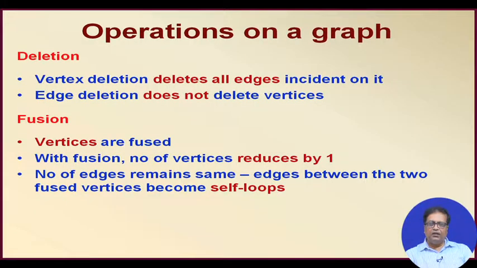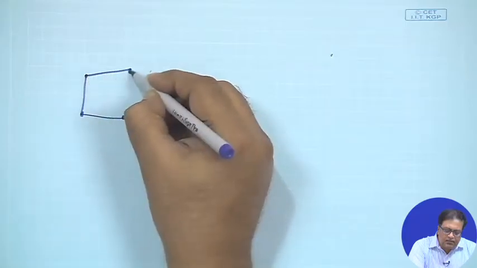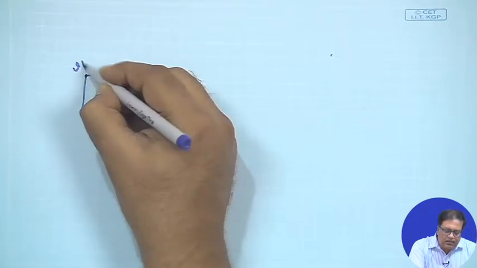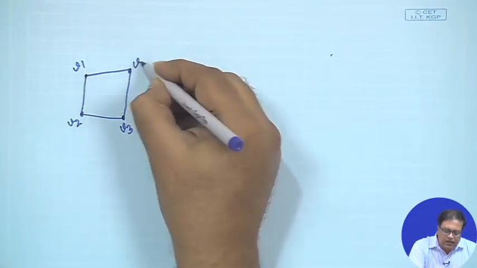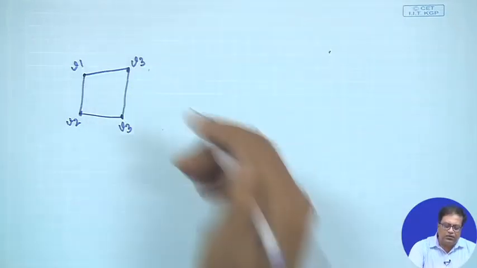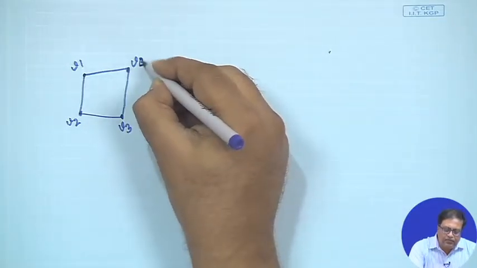Another operation is called fusion. What happens? Two vertices can be fused. So, suppose I draw a graph. For simplicity, I am not drawing or naming the edges. Suppose this is a graph with V1, V2, V3 and V4.